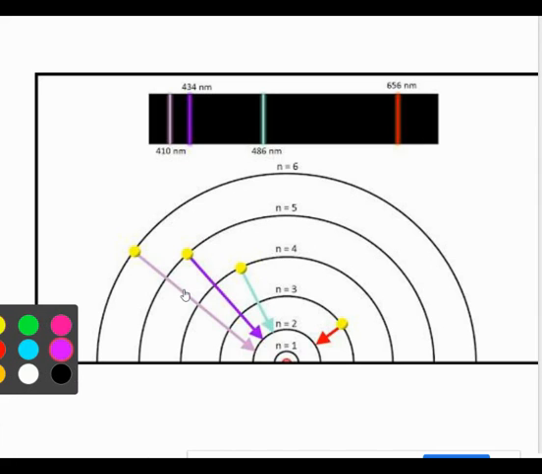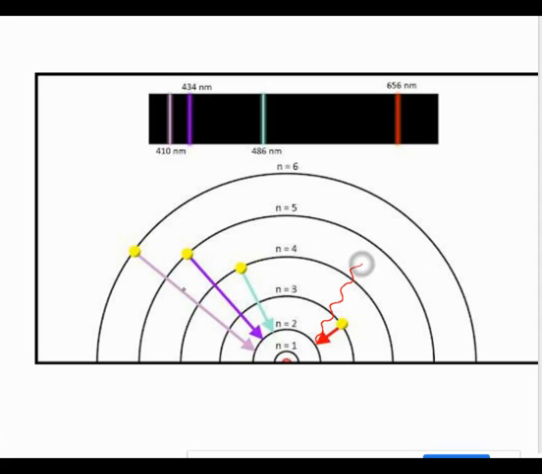This color that's actually going to come out, it has a wavelength that corresponds to red light. So that transition is going to give off red light. And notice that it's a small distance between 3 and 2. Over here we have a big distance. It's going from energy level 6 down to energy level 2, and the color that corresponds to that larger transition is going to be violet.